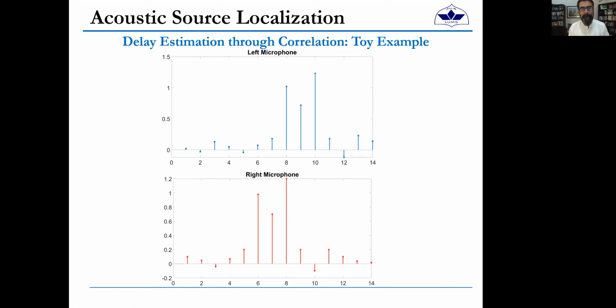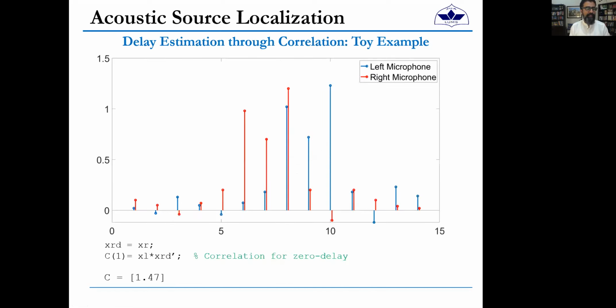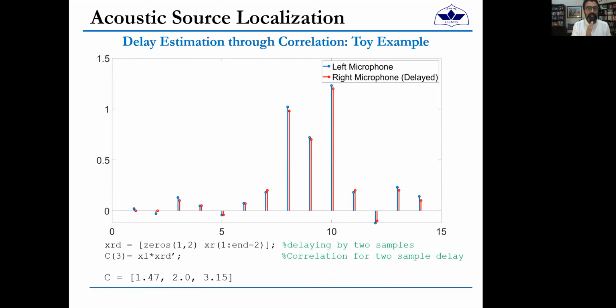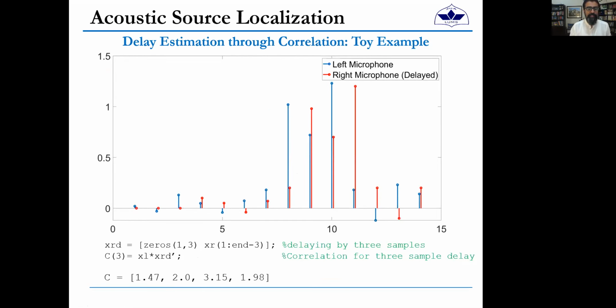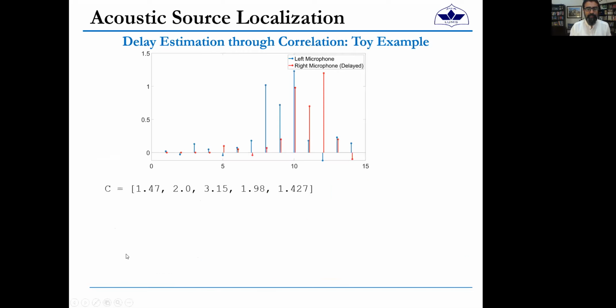Okay? And this is how we compute correlation or delay estimation through correlation. The idea is very, very similar to what we've done before. Let's say this is the left microphone signal, this is the right microphone signal. मैं right microphone signal को slide करना शुरू करूँगा, ठीक है? और मैं देखता हूँ slide करते करते, then I compute कि कहाँ पे correlation maximum आई. I see correlation यहाँ पे maximum आई थी, right?